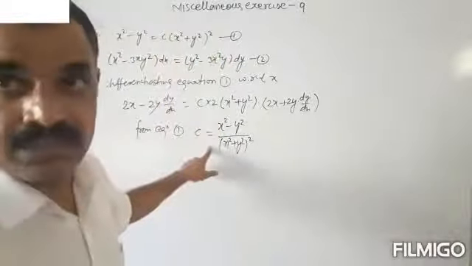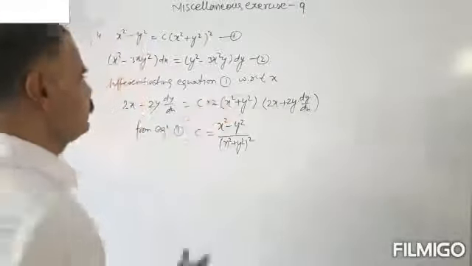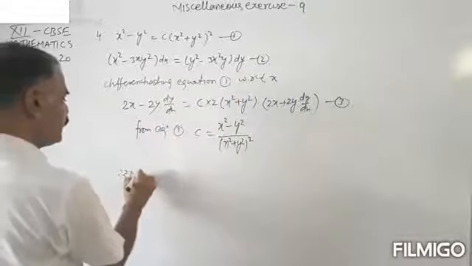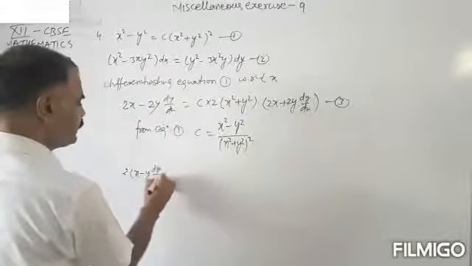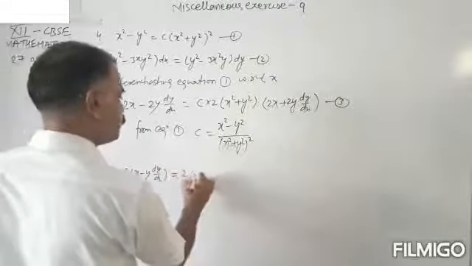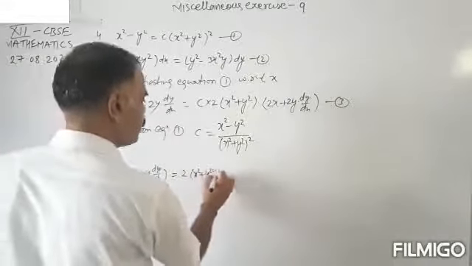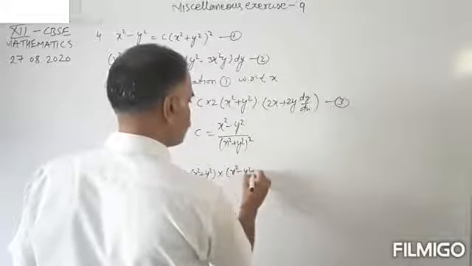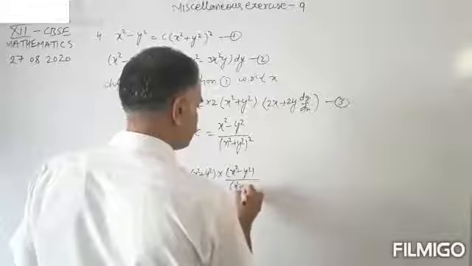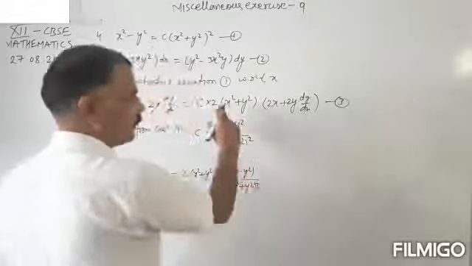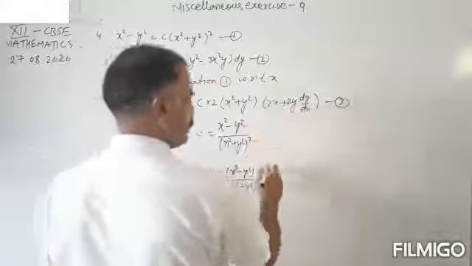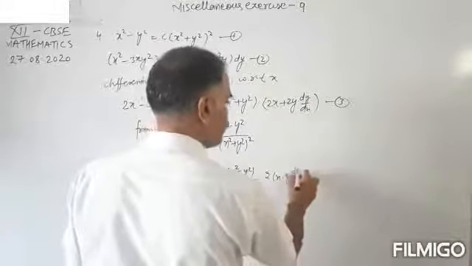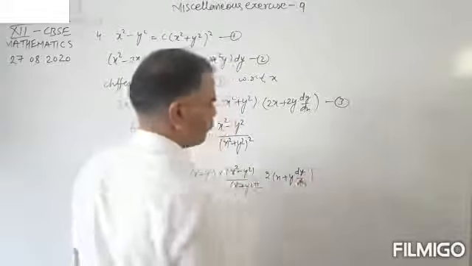Putting this c in equation number third, we get 2 into (x minus y dy upon dx) is equal to 2 into (x square plus y square) into c, where c is (x square minus y square) upon (x square plus y square) whole square, and then 2 into (x plus y dy upon dx).